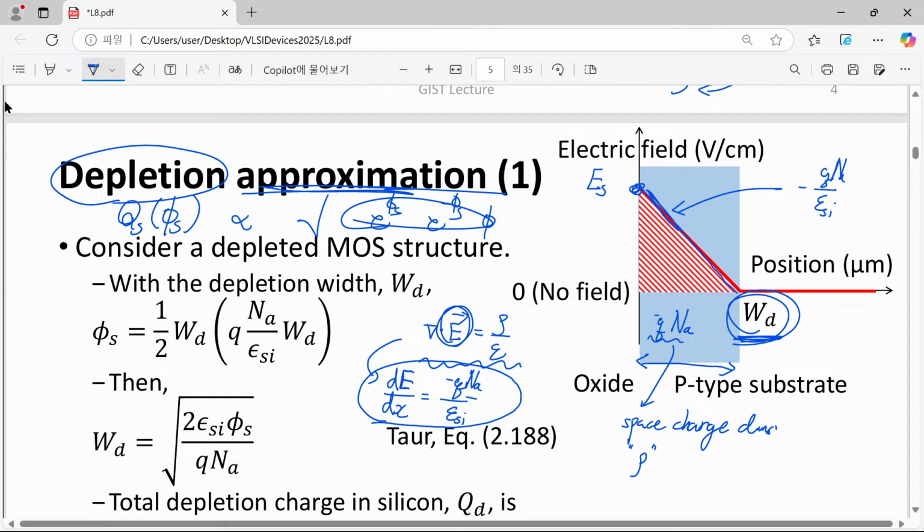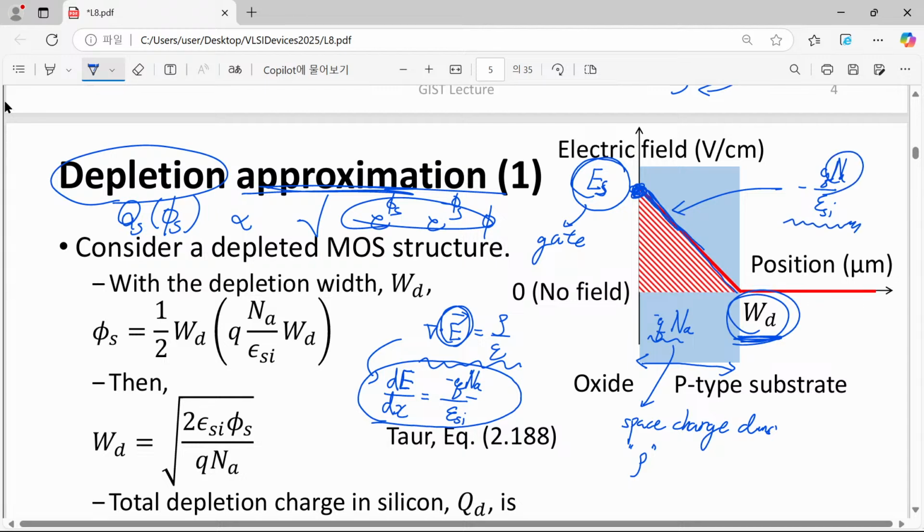Actually, the Es value will be determined by our gate voltage. If we change the gate voltage, then that can increase or decrease this surface electric field. But anyway, once this number is given, then this decreasing slope is just defined by our doping density.